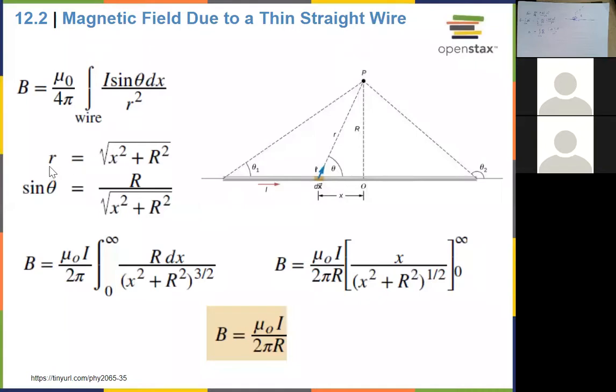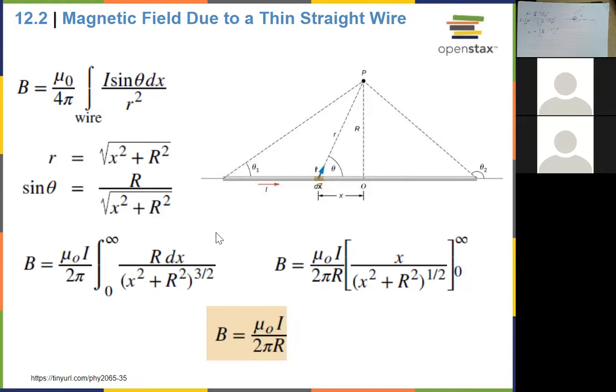So in this case, your small r is equal to the square root of capital R square plus x square. This is the hypotenuse of this right angle triangle there. And then sine of theta should be the opposite, which is r, divided by the hypotenuse, which is the square root of that. And then when you're doing integration through the wire, that means you go from negative infinity to positive infinity if this is your origin 0, because this is a long straight wire.